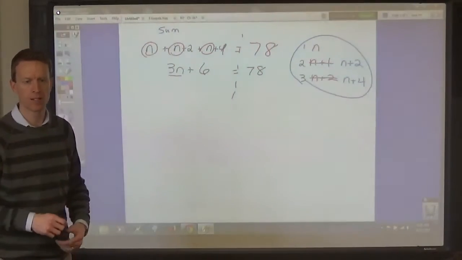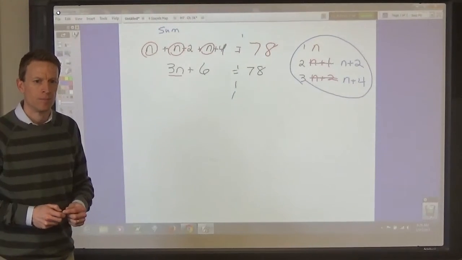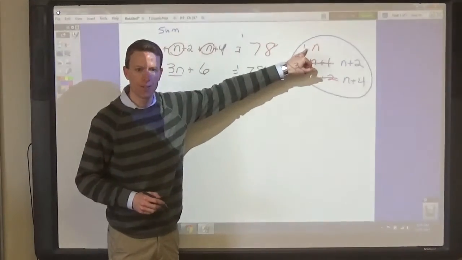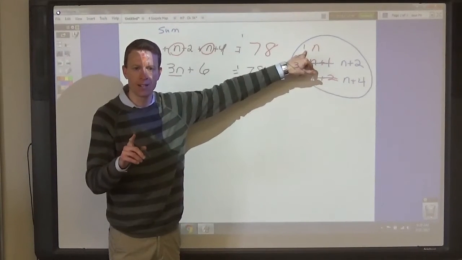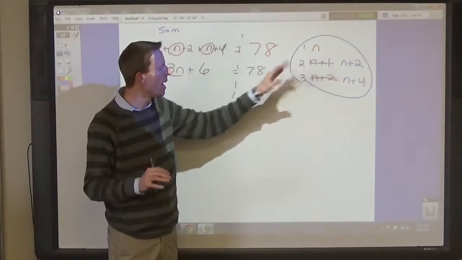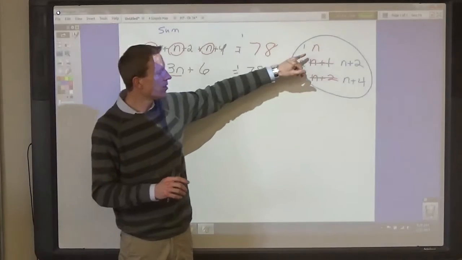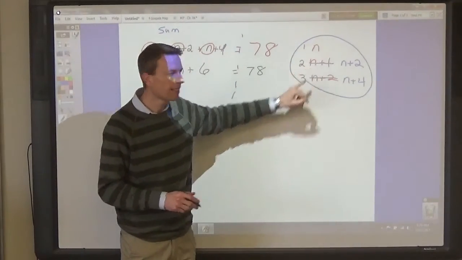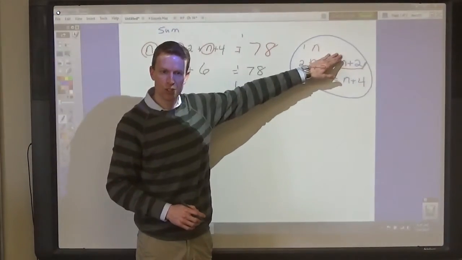Oh, you have a question, Bryce? Yeah, the first n represents the first number that we're trying to find. We're trying to find 3 numbers that when you add them together, they equal 78. We know that these 3 numbers are consecutive even integers. That's how we know that the next one is n plus 2.